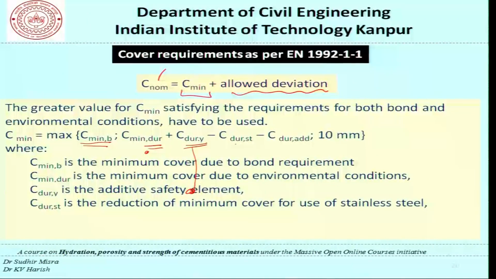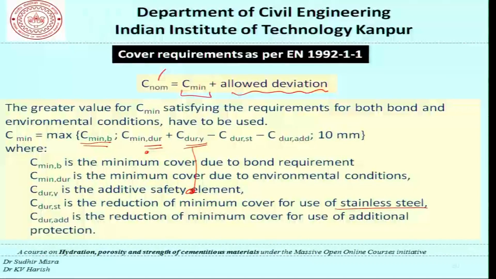This is a reduction in the cover which is allowed if we are using stainless steel or non-corrosive steels, and there is another reduction which is permitted if we are using any additional protection. Now, what this additional protection could be is that on the surface of concrete we apply a coating, so that the reinforcement here is protected against chloride attack.